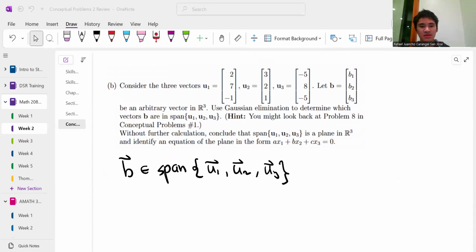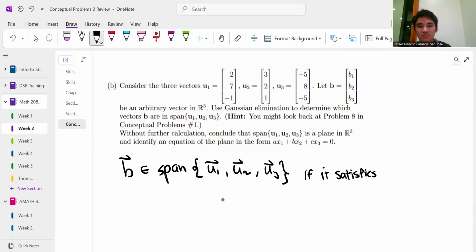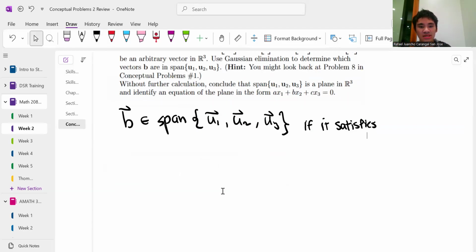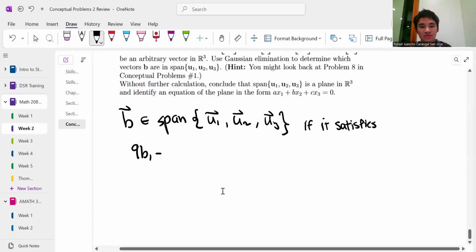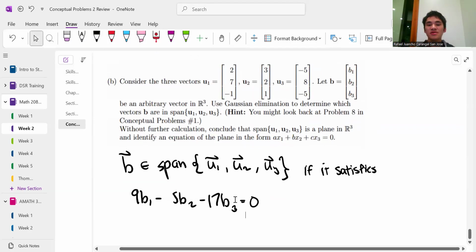So what I'm saying here is B is in the span if it satisfies this: 9B1, 5B2, 17B3 equals 0. That's when it's going to be in the span. So we can pick any B1, B2, B3 as long as it satisfies this condition here. Then we know it's in the span.